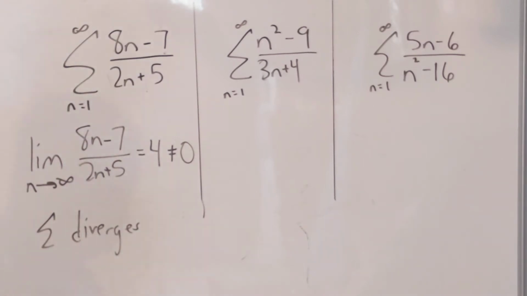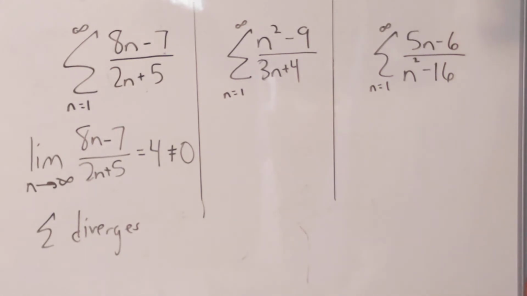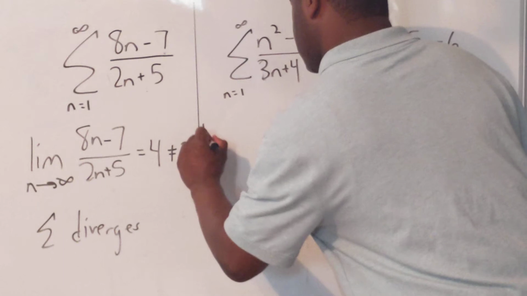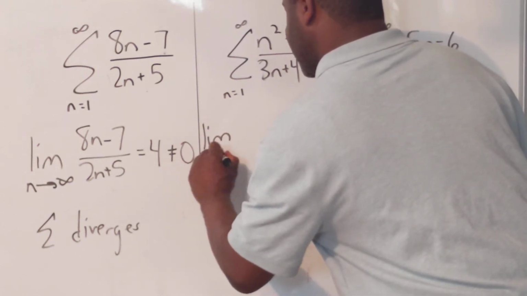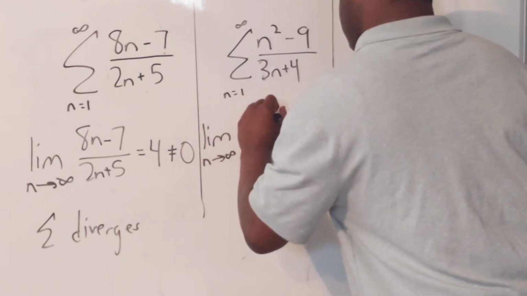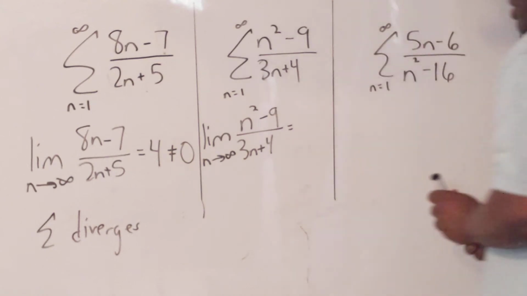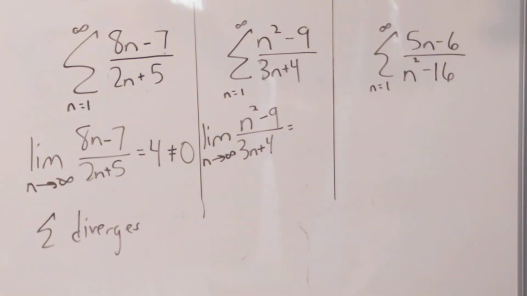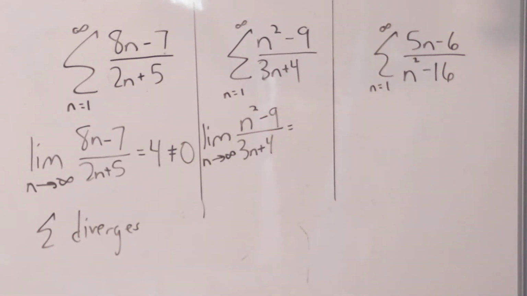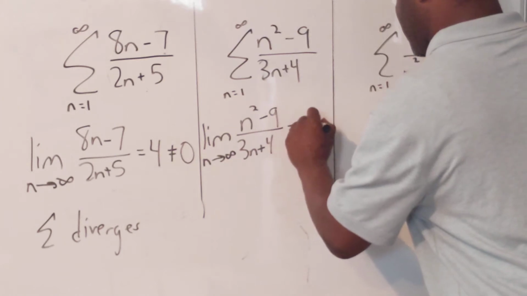Okay, now we look at this one. We have a series. It says n squared minus 9 over 3n plus 4. Let's look at this one. But we evaluate this as a sequence. All right, one thing you know from the rules after you go through all your simplification, this limit would be infinity.